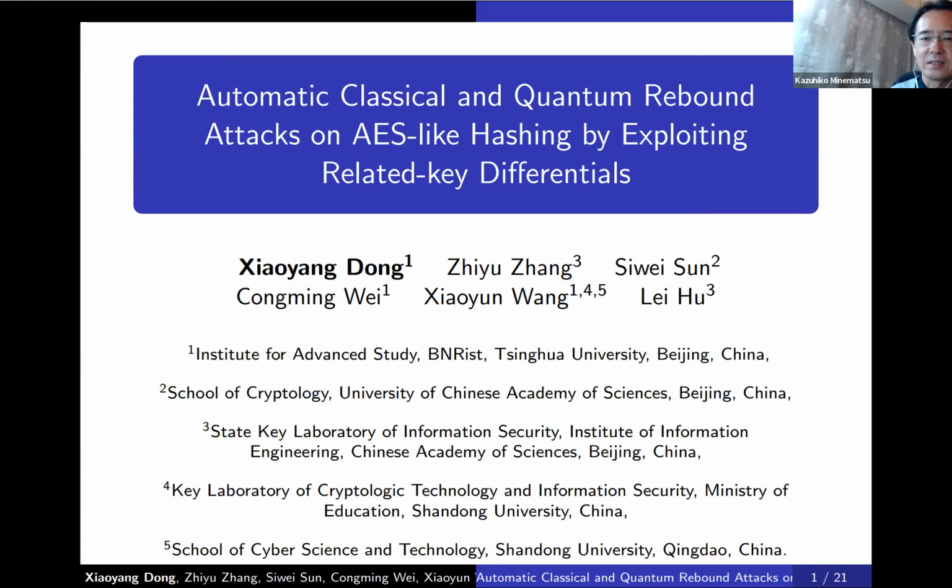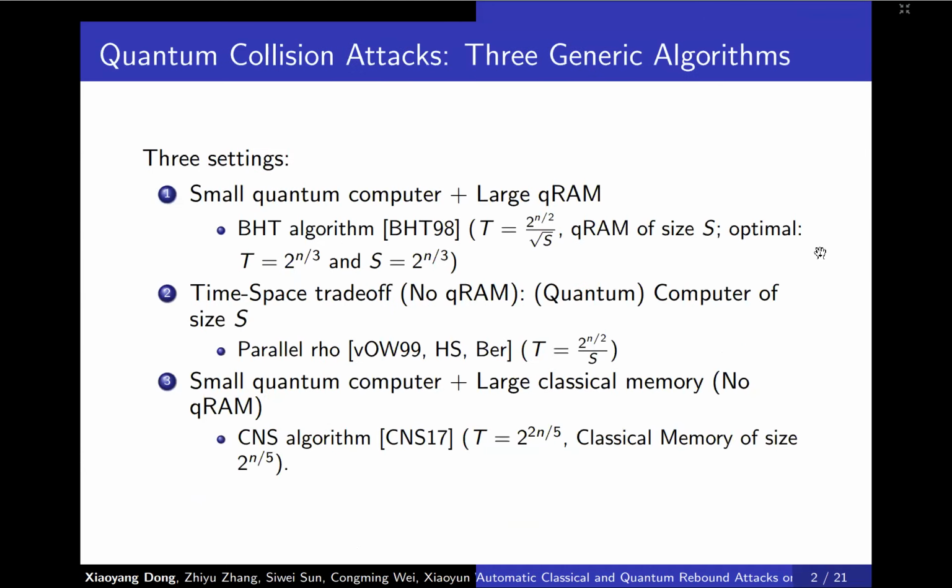I'm talking about automatic classical and quantum rebound attacks on AES-like hashing by exploiting related-key differentials. In quantum collision attacks, there are three generic algorithms. The first setting is that we have a small quantum computer and a large QRAM. Then the BHT algorithm achieves the optimal trade-off.